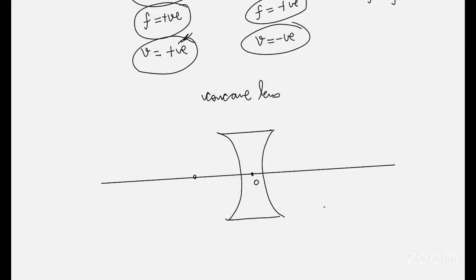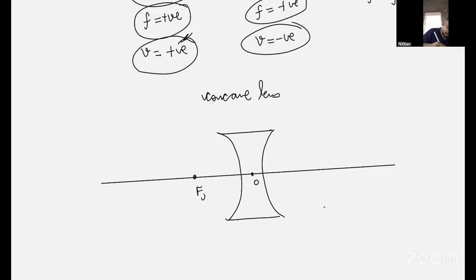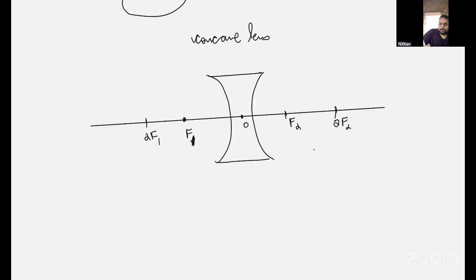This is F1, this is F2, and this one is 2F. In this case, U is always negative. I told you before also, U is always negative.